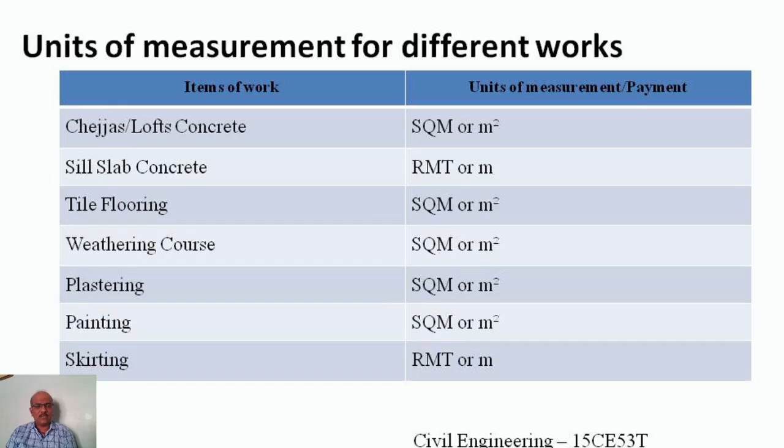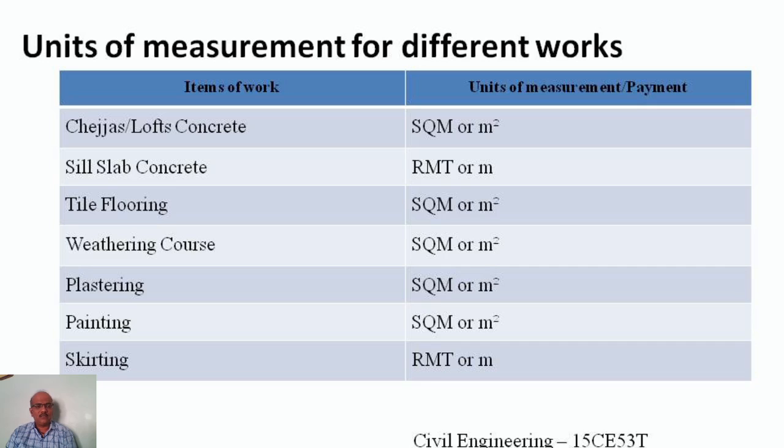Chajja and loft concreting is measured in square meter because here the thickness is specified, only the length and width are taken in measurements, and those items, chajja and lofts, are measured in square meter. The sill concreting is measured in running meter because there the width and thickness are specified, only the length is taken for the measurement.